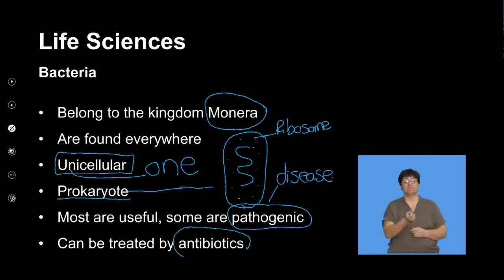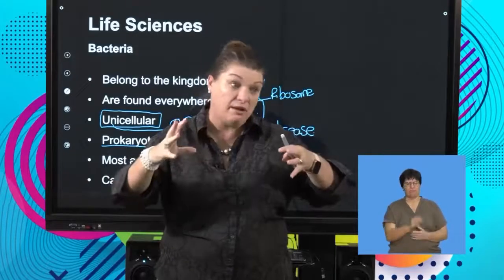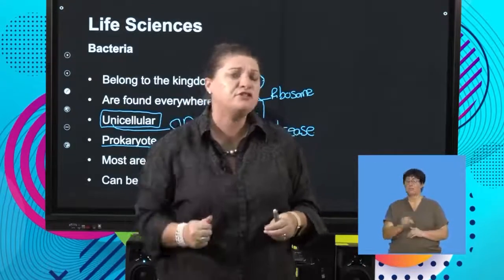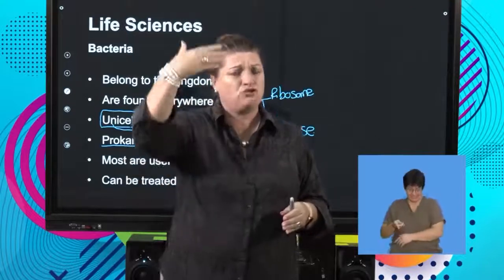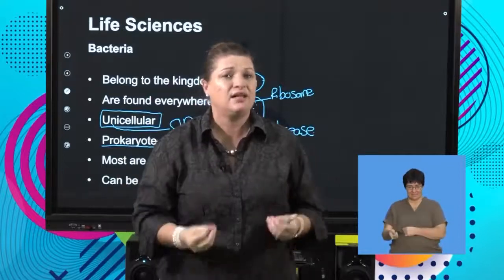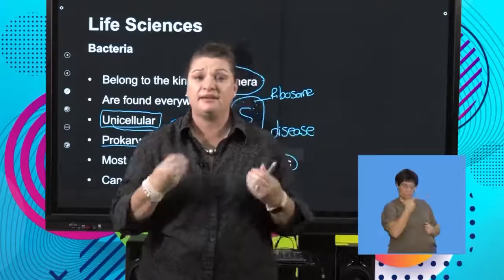Bacteria can be killed by antibiotics. When we looked at viruses in the lesson before this, viruses couldn't be killed. We can use vaccines to try and build antibodies, but a bacterium is a living cell, and we have medicines, antibiotics, that can kill them.